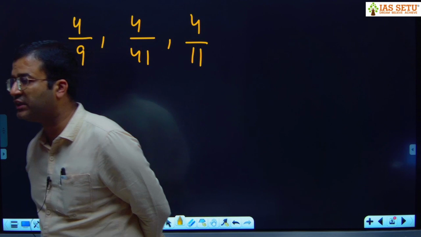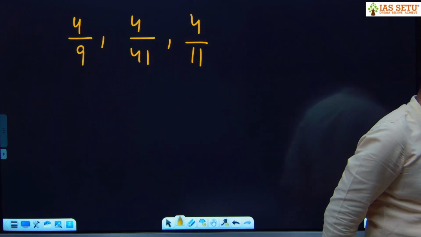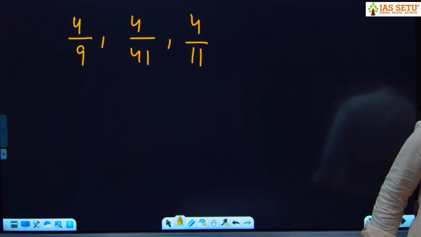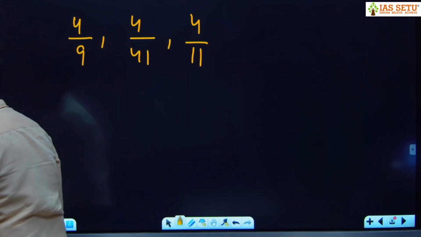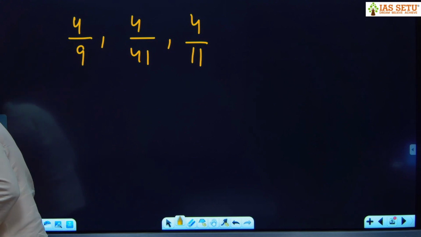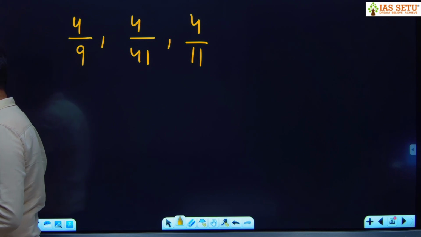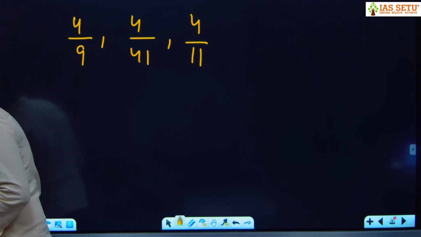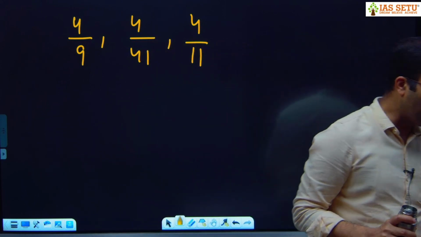Out of these fractions, tell me which one is the smallest. This is exactly the mistake, someone writes 4/9 as the smallest. 4/41 is the smallest. Which one is the largest?